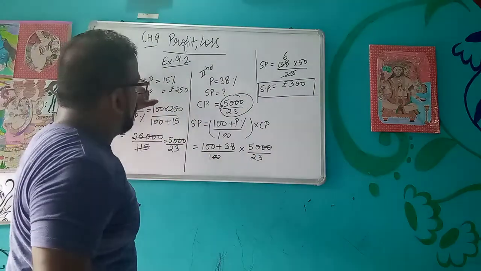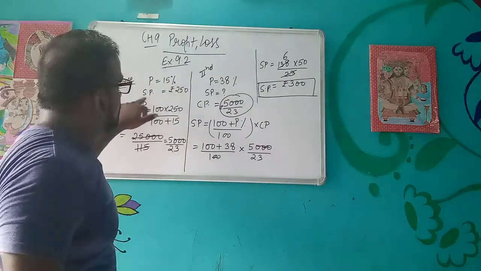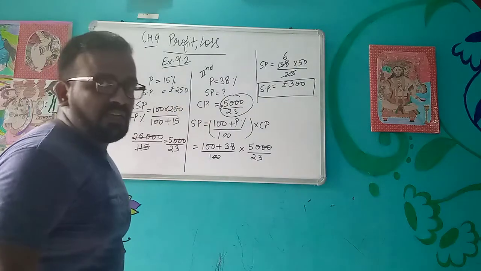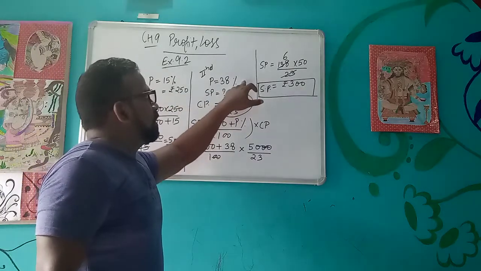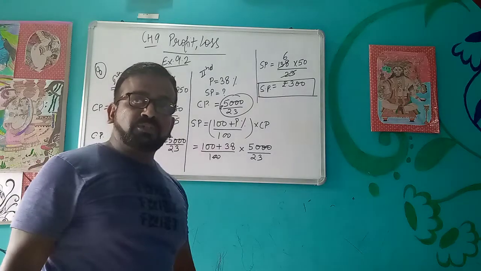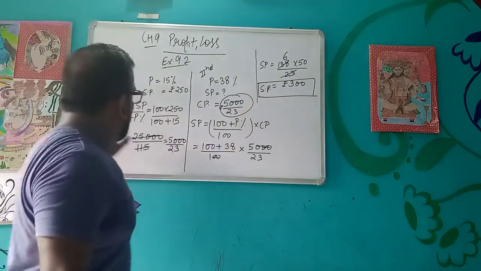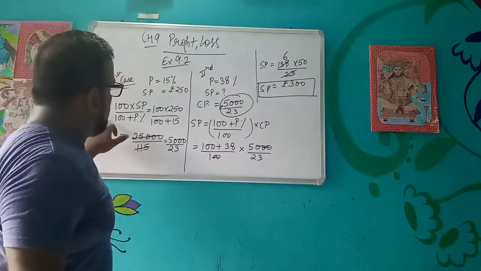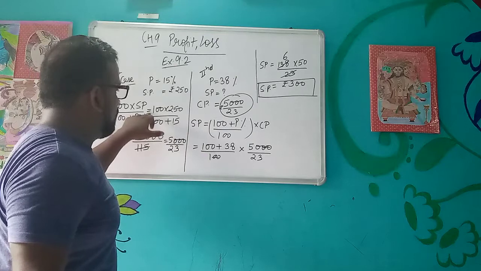So these types of questions consist of two cases. In this, profit percent was given, selling price was given. With the help of this, we have to calculate the selling price again when the profit required is 38%. So one thing that we have noticed is that in these types of questions, cost price will always remain fixed. Cost price will not change. So first I calculated the cost price by using the formula.